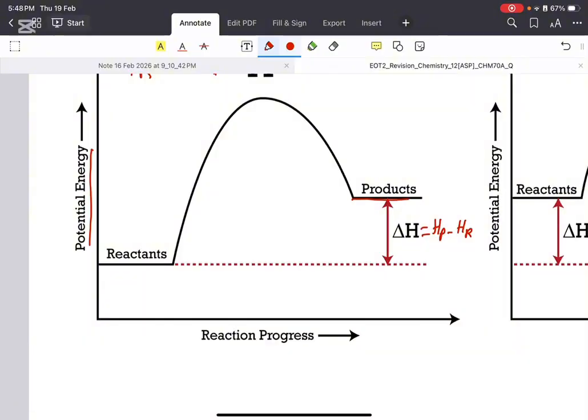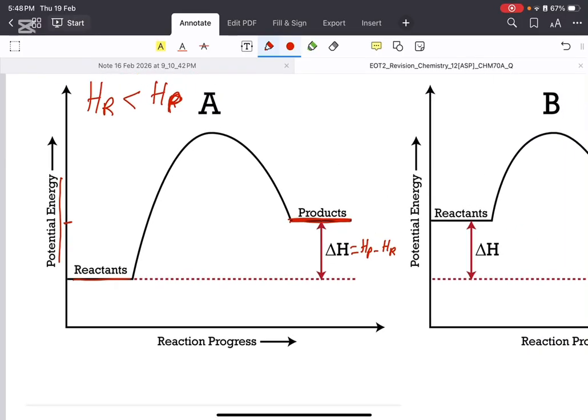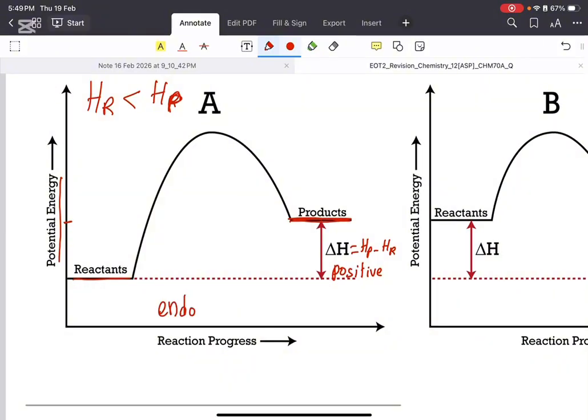The enthalpy of the products is a higher number than the enthalpy of the reactants, so if we calculate delta H, we get a positive value. It means that this is an endothermic reaction diagram.